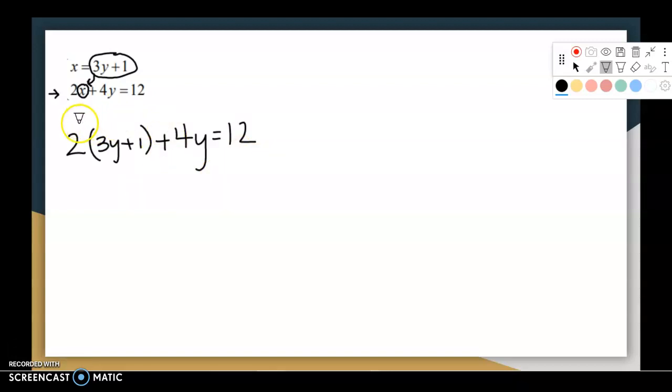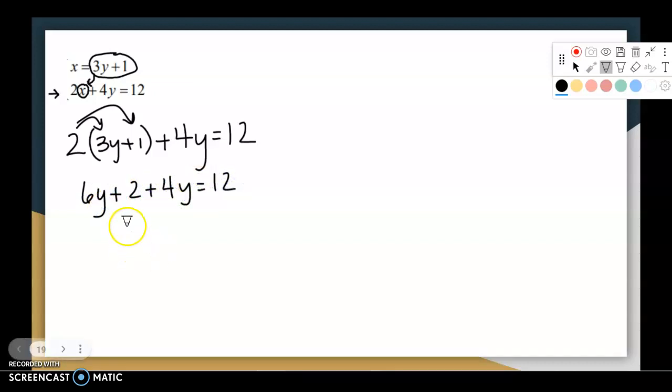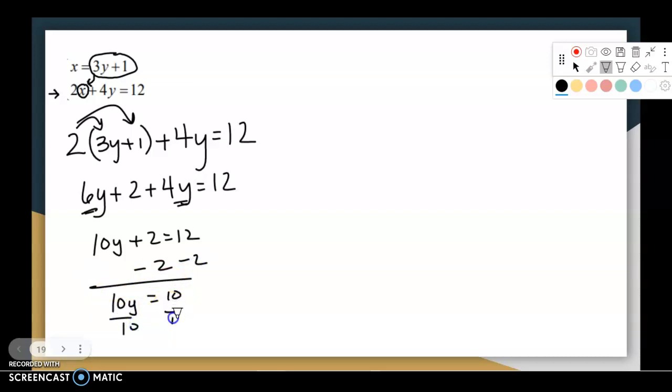So what do we do next? We're going to distribute 2 to each one of those. We have 6y plus 2 plus 4y equals 12. We're going to combine the like terms. 6y and 4y make 10y plus 2 equals 12. And now we are going to subtract 2 on each side. We have 10y equals 10. And we're going to divide both sides by 10, and we get y equals 1.